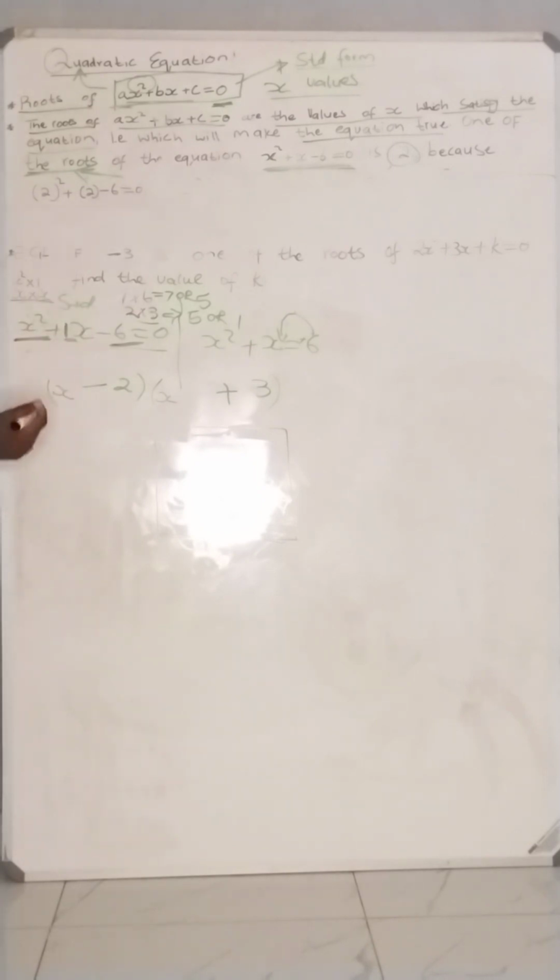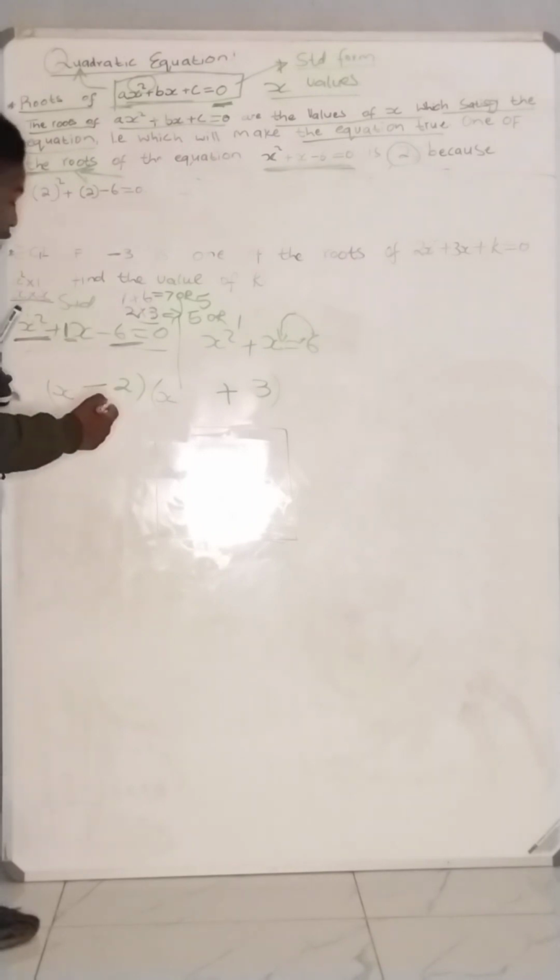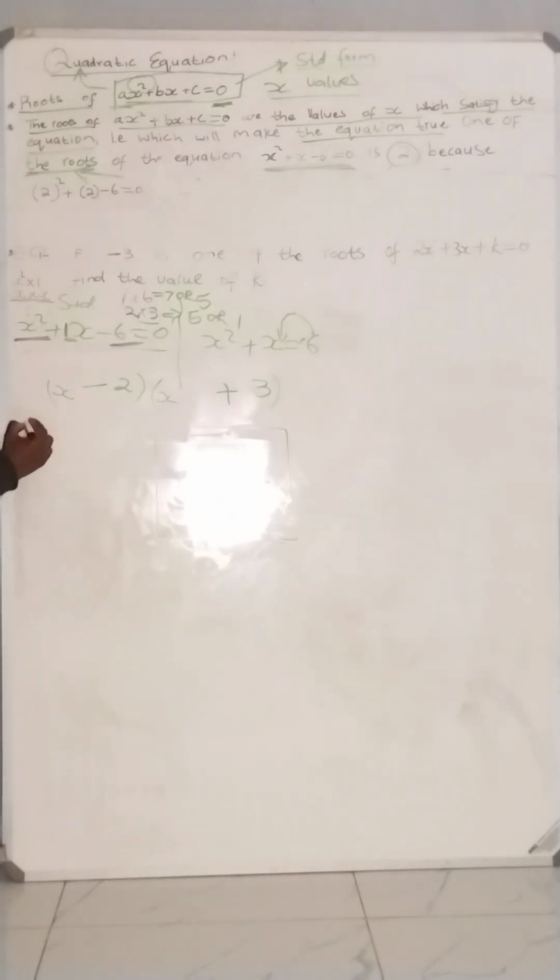And then when you're going to look for the value of x, you will say x minus 2 is equal to 0, or x plus 3 is equal to 0, in which case x will be equal to positive 2.